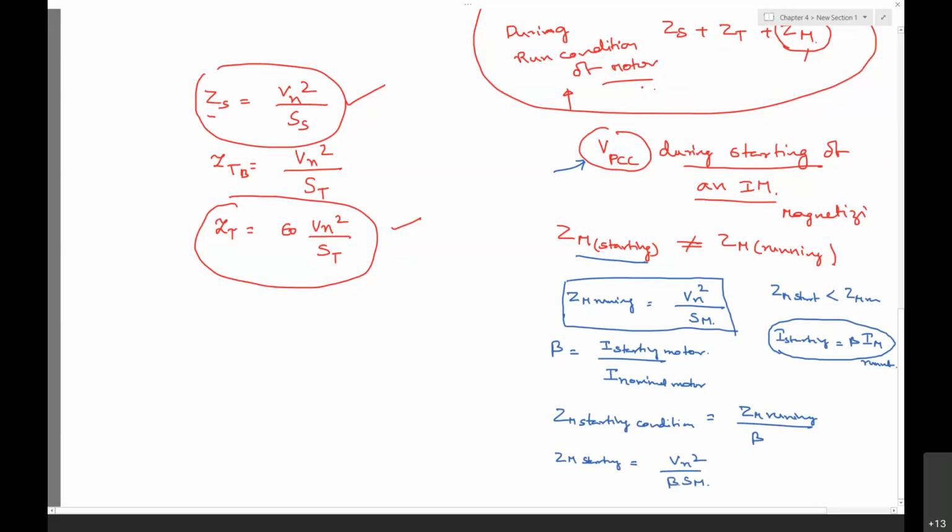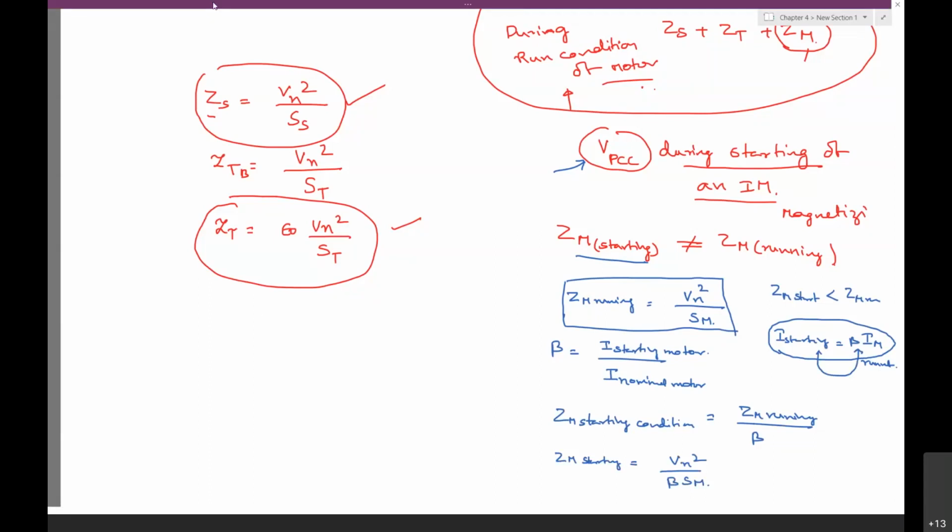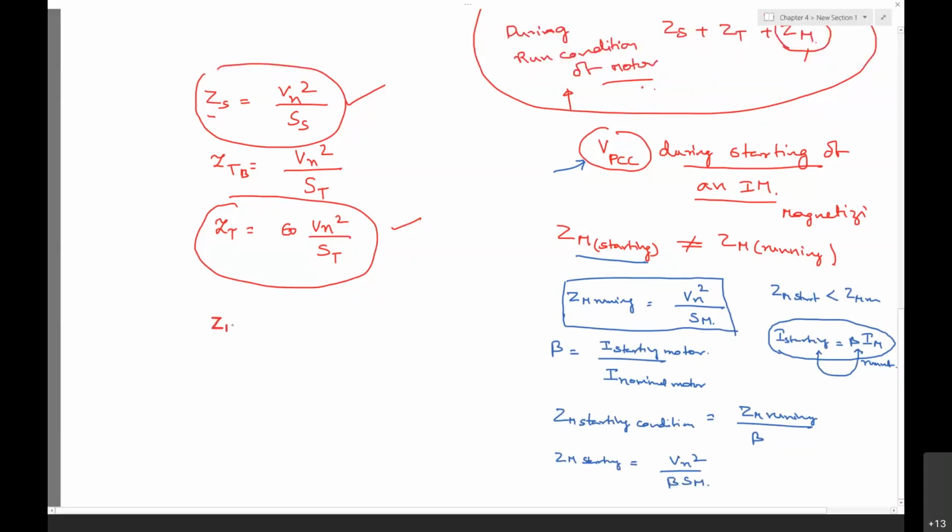If we have beta, then obviously the starting current is beta times the nominal motor current at running conditions. So Zm at starting condition is equal to Vn square by beta times Sm.